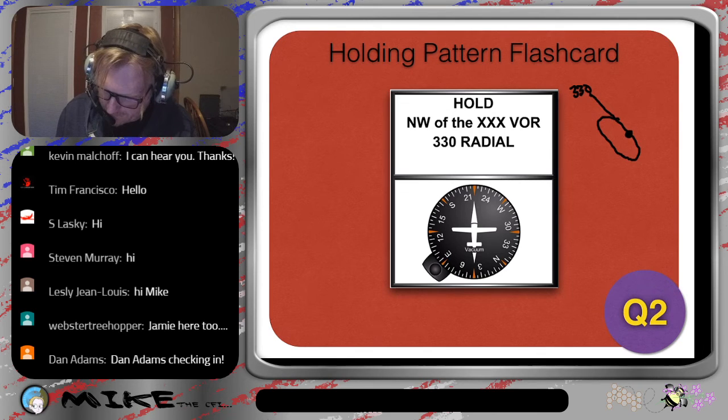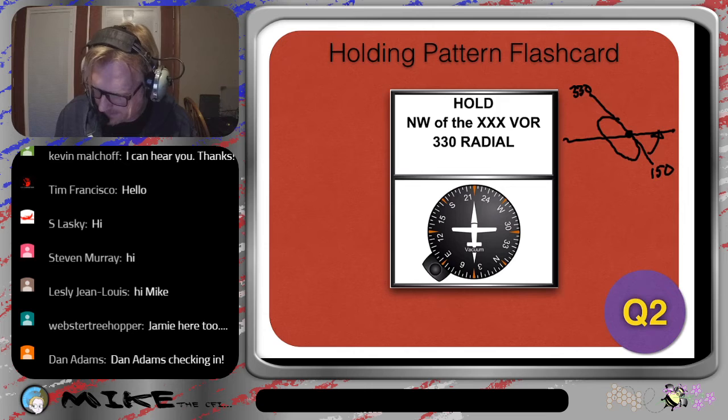We draw our 70 degree line here. And we can draw a reciprocal out there. So that's 330, so that's 150. That's going to be minus 70 degrees, so that's going to be 80. That's going to be the reciprocal over here, so that's going to be plus 2 minus 2. That's going to be 260.